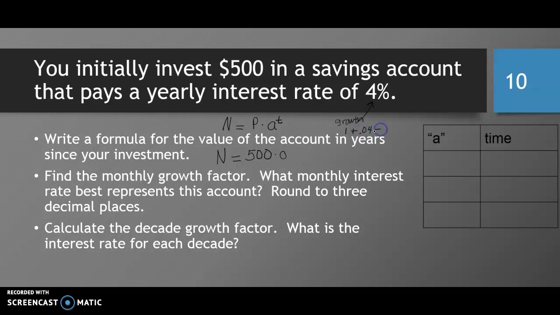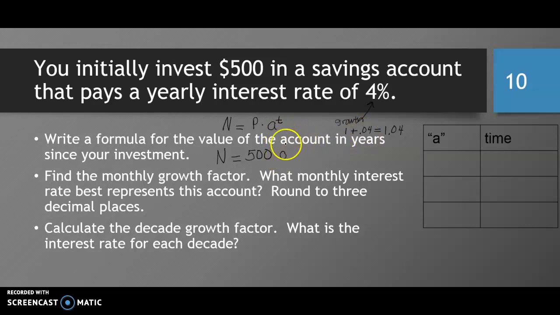So that'll give us an A value of 1.04. We also talked about previously that anything bigger than 1 would indicate growth, and so we definitely should have a value that grows here in our equation.